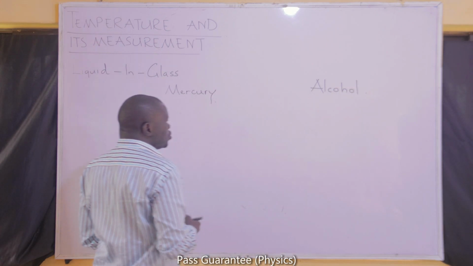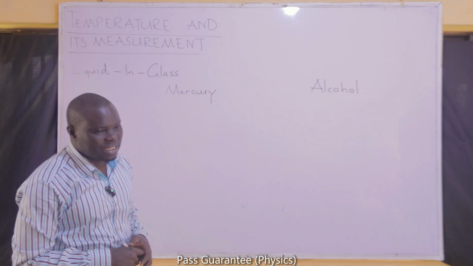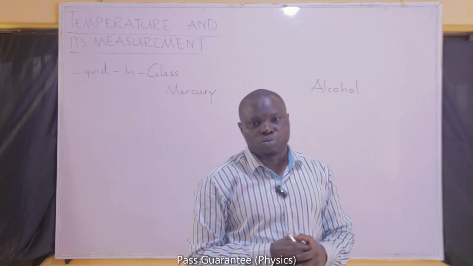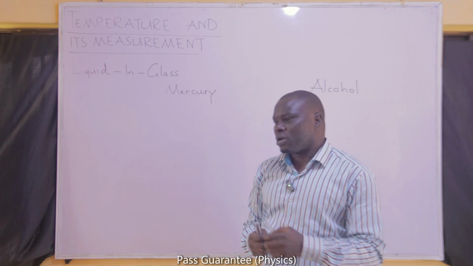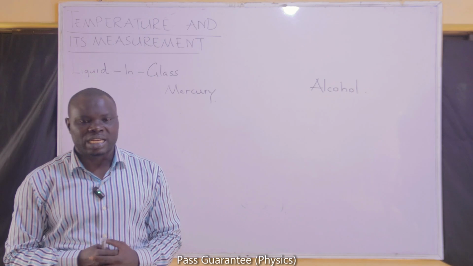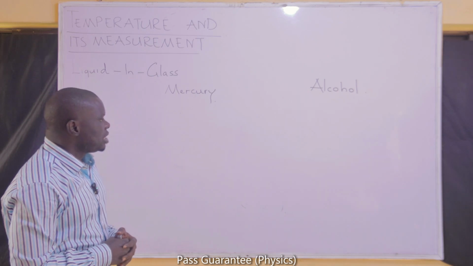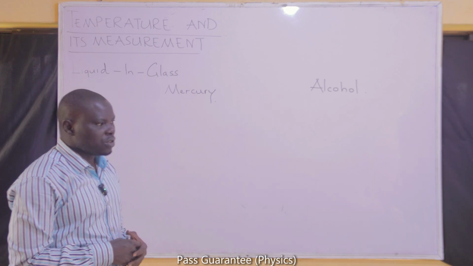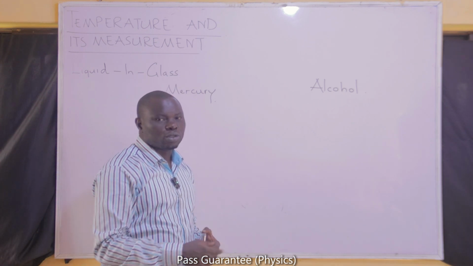Now, each of these two has advantages and each of these two also has disadvantages. So we are only going to pick the right one for the purpose that we need to use it for. There are alcohol in glass thermometers and there are mercury in glass thermometers, depending on, number one, the region where we want to use it, and number two, the purpose for which we want to use it.